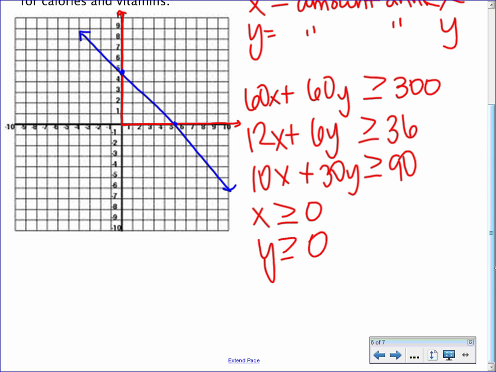How about this one? What's our y-intercept for our second equation? 6. X-intercept? 3. And we would shade away from 0, 0. And then in our third equation, our x-intercept is 9 and our y-intercept is 3.